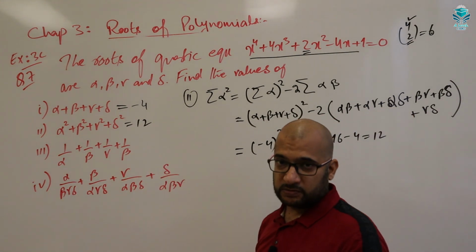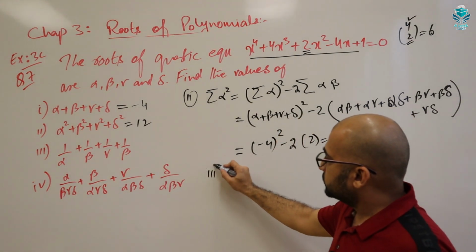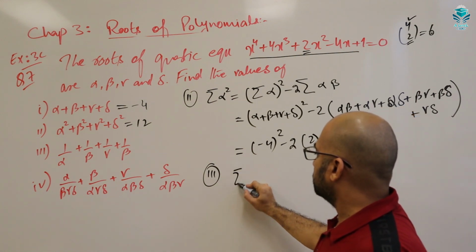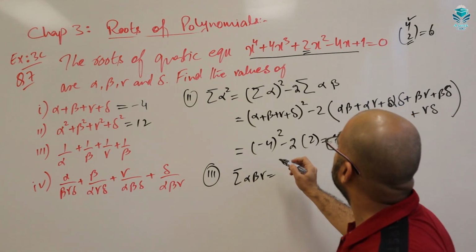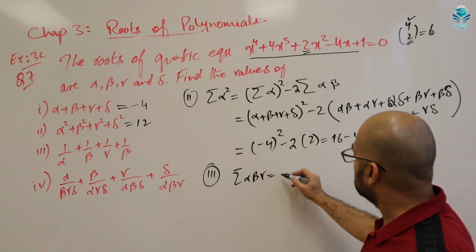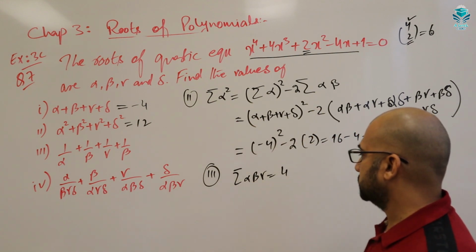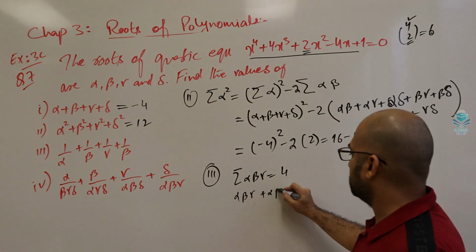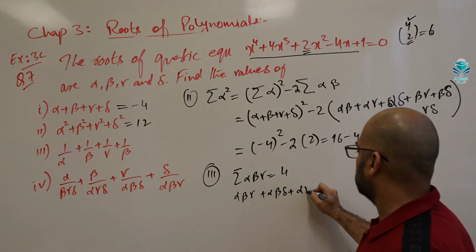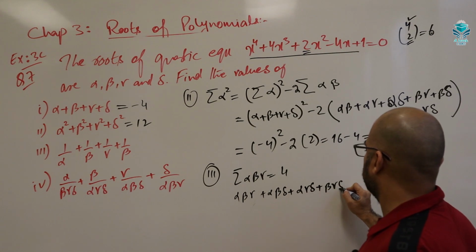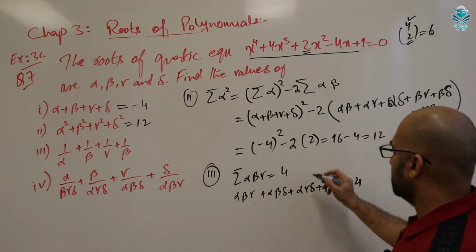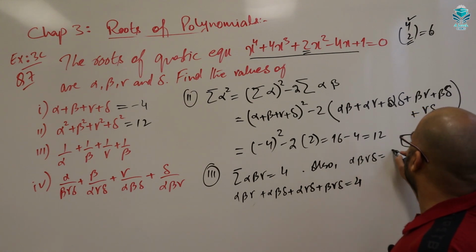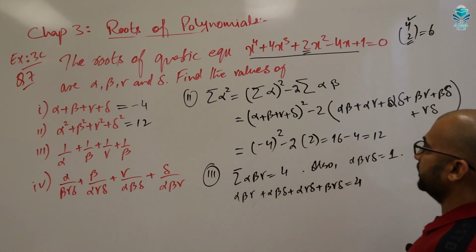Now we have to find the sum of the reciprocals of the roots. So students, let's say we have the sum of the products of 3 roots, which is equal to 4. Also, the product of all roots is 1.